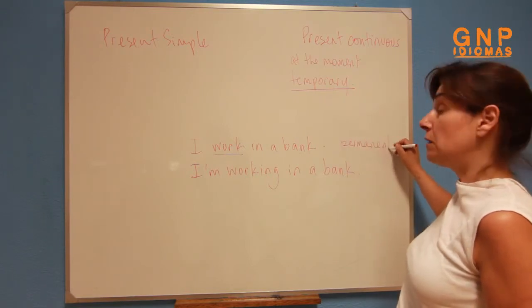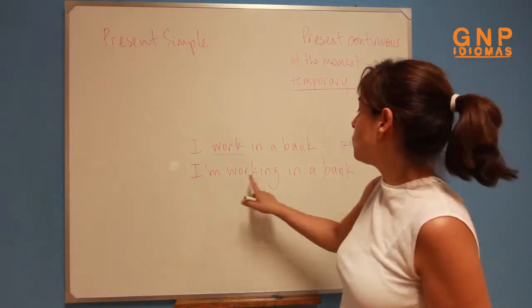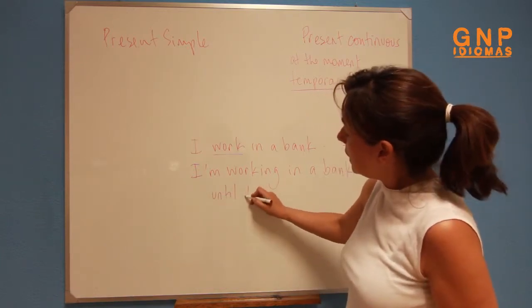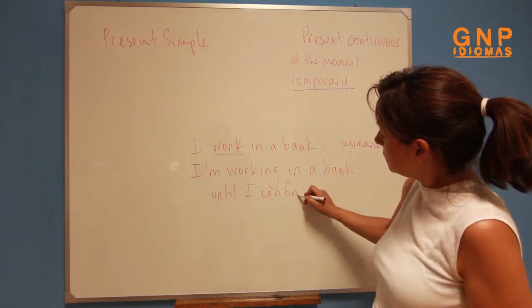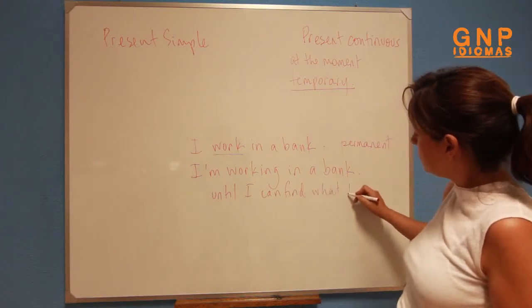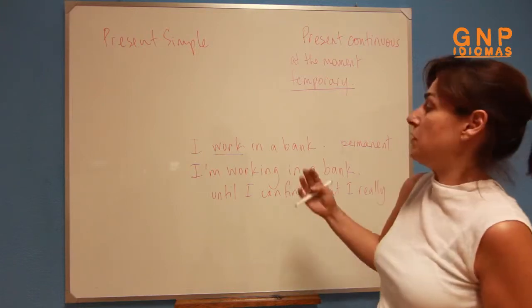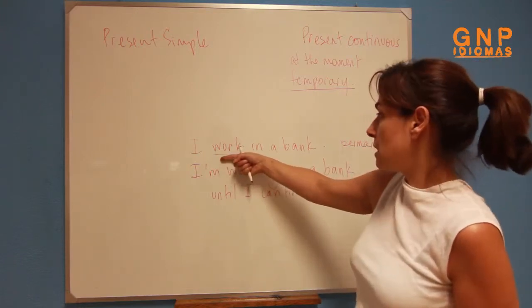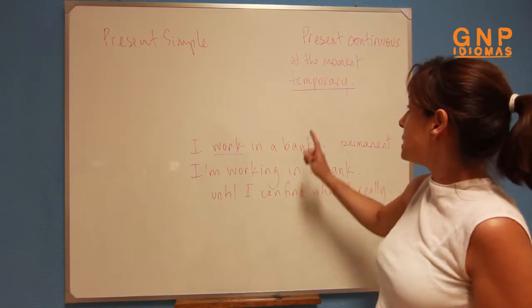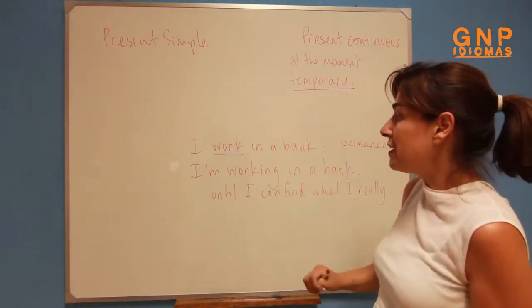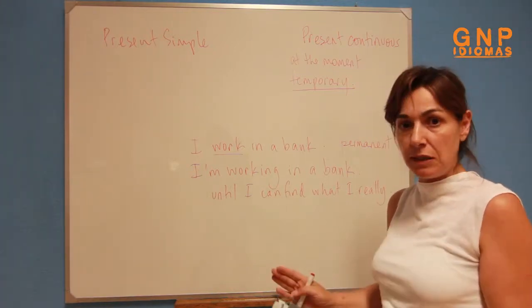I'm a banker, I'm a teller, I work in a bank. Whereas I'm working in a bank, here you get the idea, until I can find what I really want to do. So if the examples are clear, then it's very easy to distinguish it. I work in a bank because I'm a banker, and I'm working in a bank temporarily until I find something else. So those two are very easily distinguished if the examples are clear.